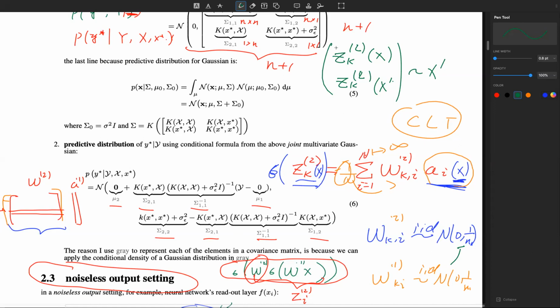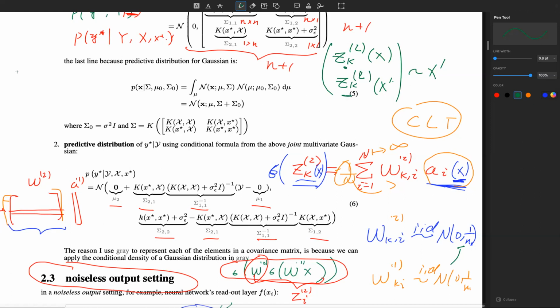So the Z, the pre-activation neurons at every layer, is just a function, and that function is distributed according to a Gaussian process.